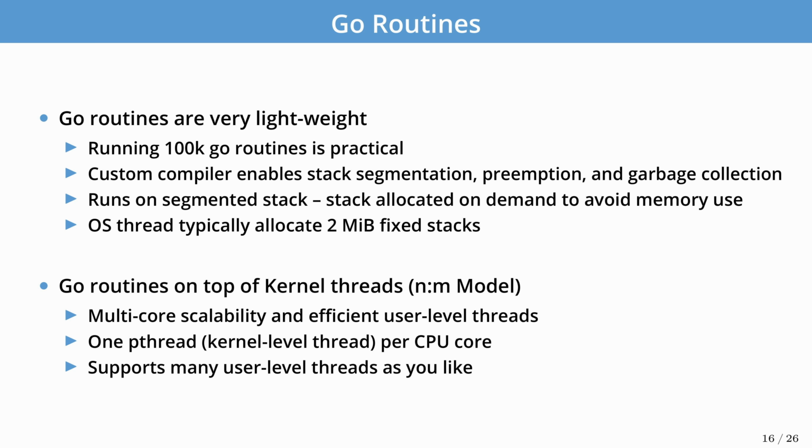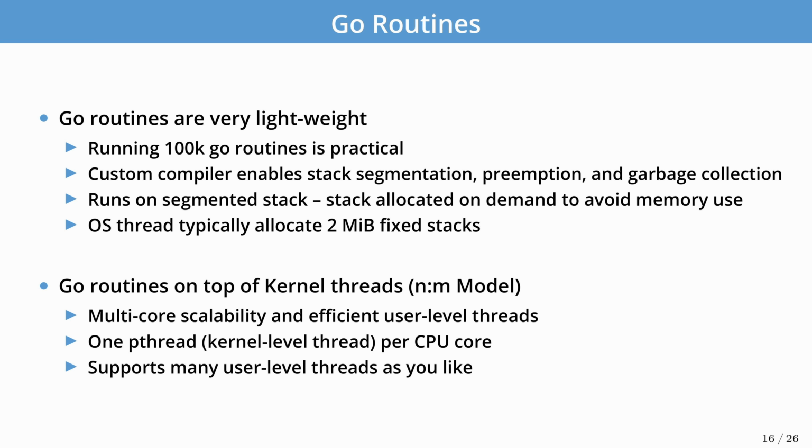When we run a normal pthread creation, we use about 2 megabytes of fixed stack space on each thread. In contrast, Go routines allocate small fragments of the stack, and they'll ask for more stack space as needed because the compiler adds instrumentation to detect when a particular function call might run out of stack space.